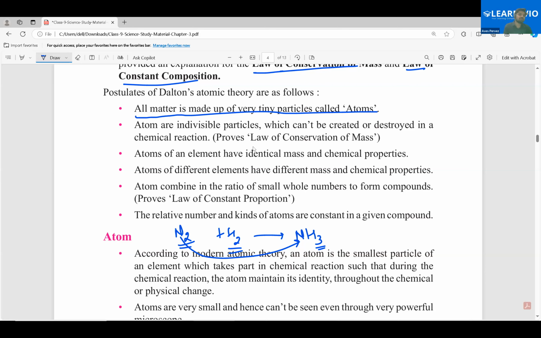So here comes the rule for balancing chemical equations. If we prepare ammonia, which has a fixed ratio, one nitrogen atom can combine maximum with three hydrogen atoms. Just a minute, let me show you.